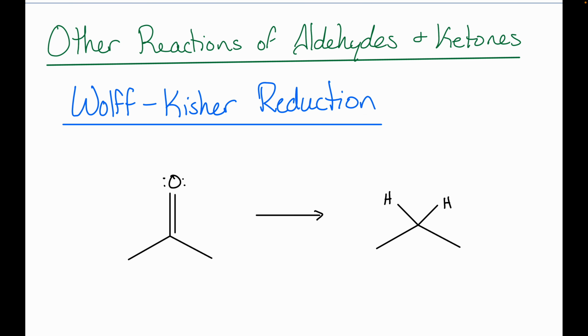We use H2NNH2. All right, if we want to draw the Lewis structure of this molecule here, those two nitrogens are bonded to one another. This is what's called hydrazine.